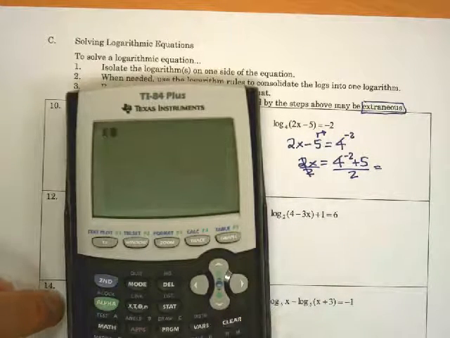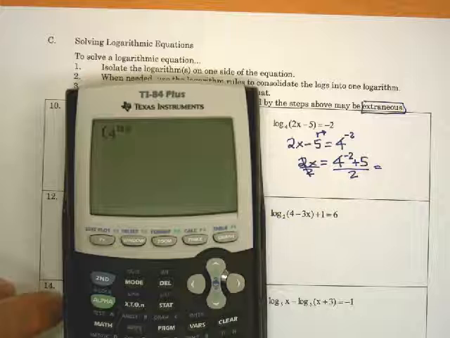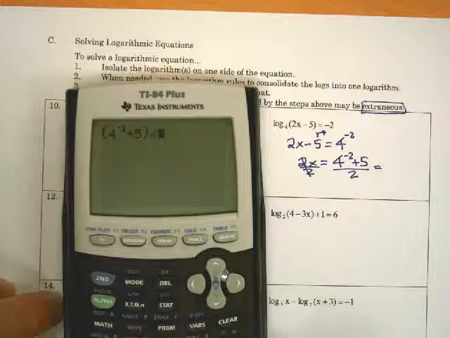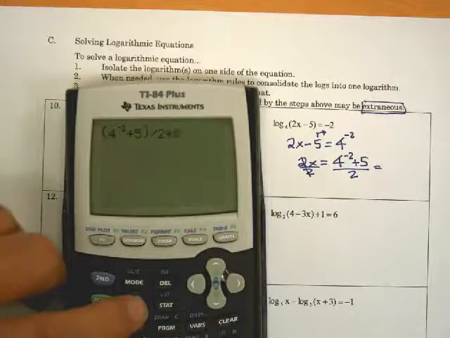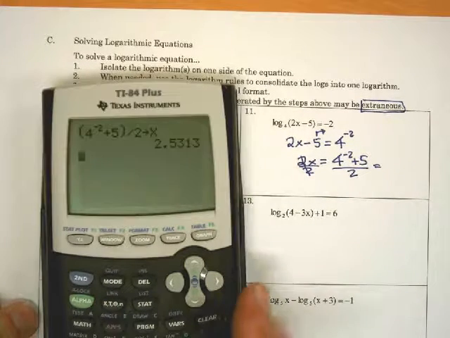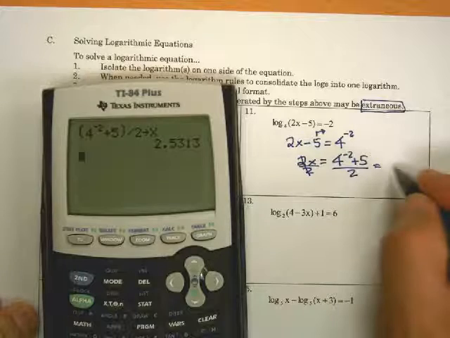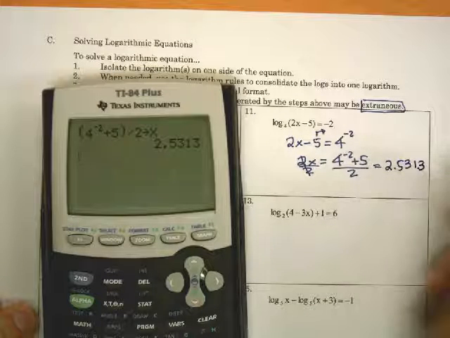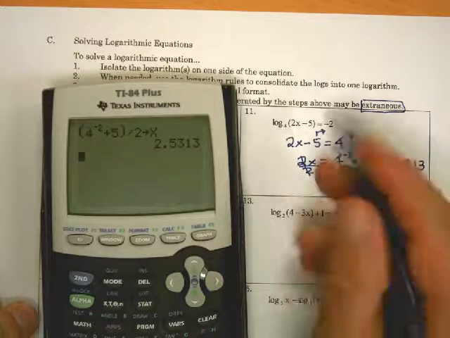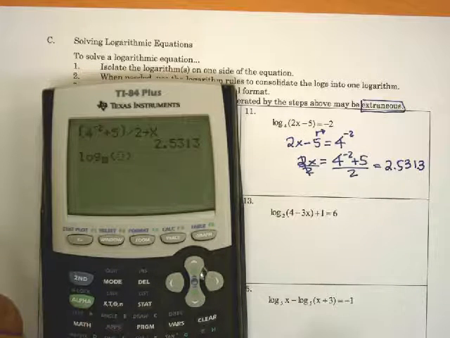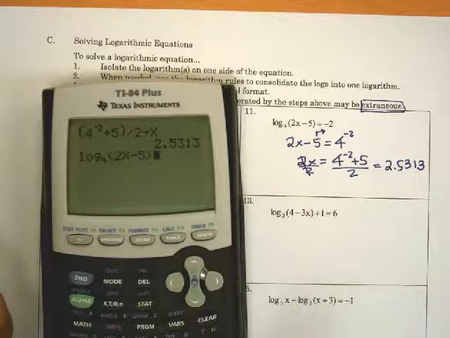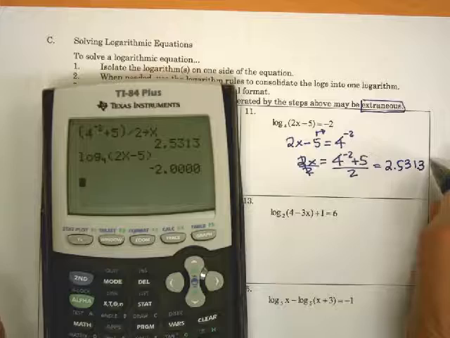So, 4 raised to the -2 plus 5, all divided by 2, and we'll store it while we do it. So, 2.5313. Now that it's stored, we're going to check it. Math alpha math. And that should give -2. That's a legitimate answer.